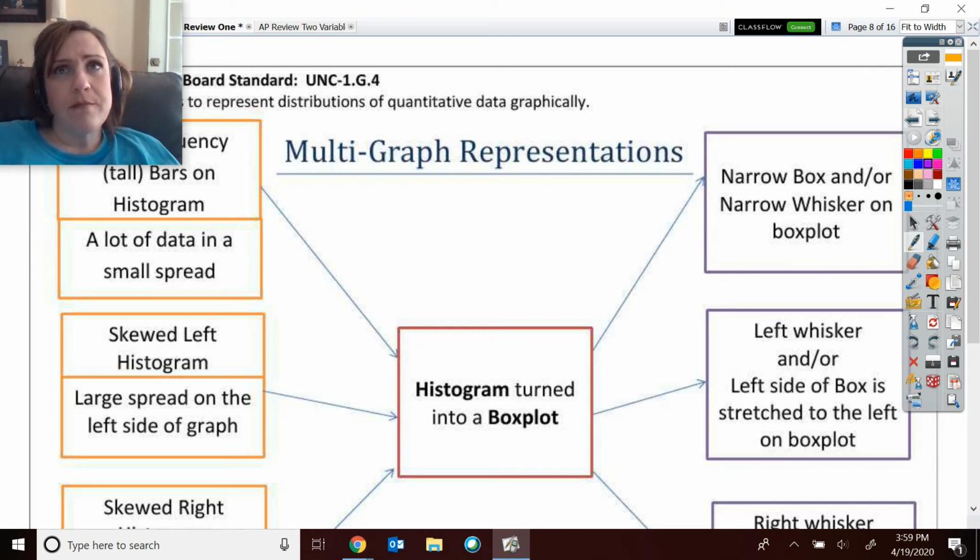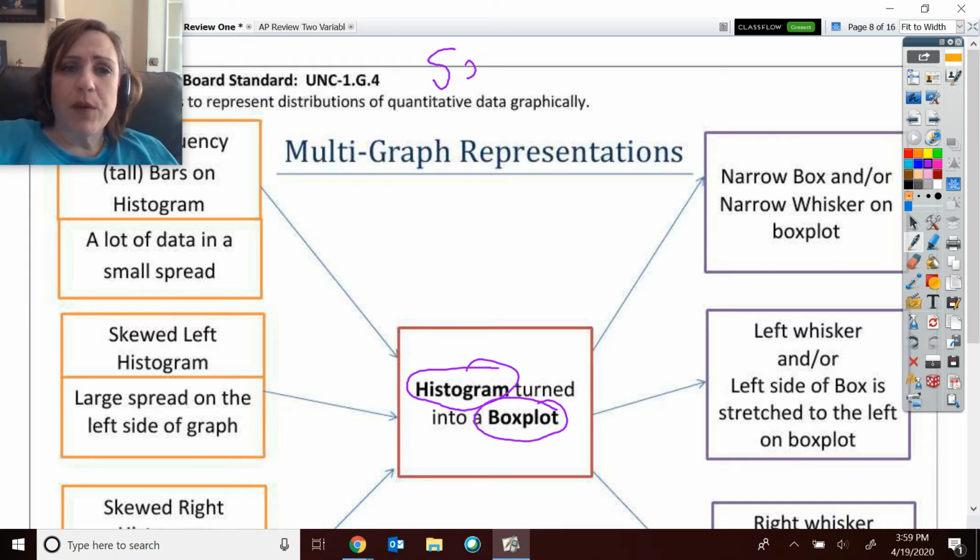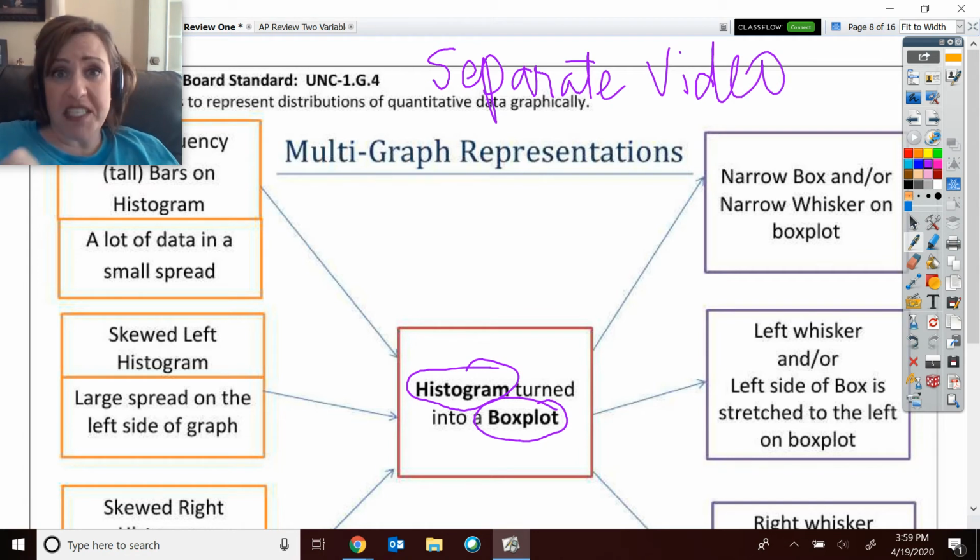And in fact, I think I'll do a separate little video, or I'll pull that back in here and do our little matching game. Do you remember when we had the different matching between the histograms, the box plot, and the data? So I'm going to do a separate video on remembering how to match those items together. I think that will help you with that, and I'll pull this out then.